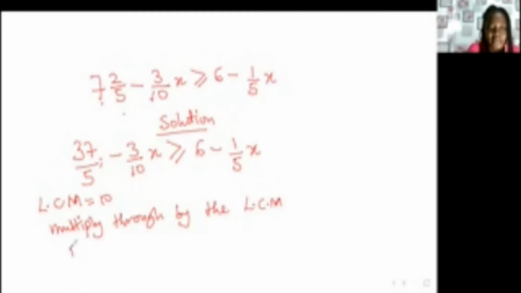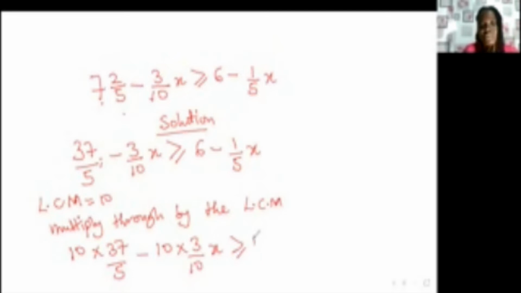So we have 10 times 37 over 5 minus 10 times 3 over 10 x greater or equal to 10 times 6 minus 10 times 1 over 5x. You multiply each term by the LCM. Then we simplify.